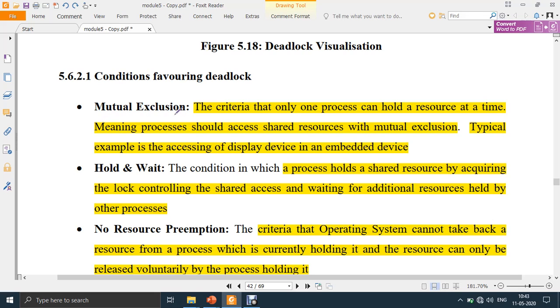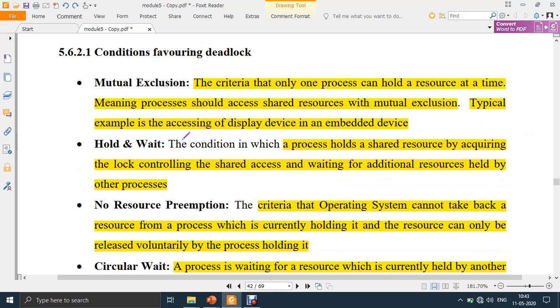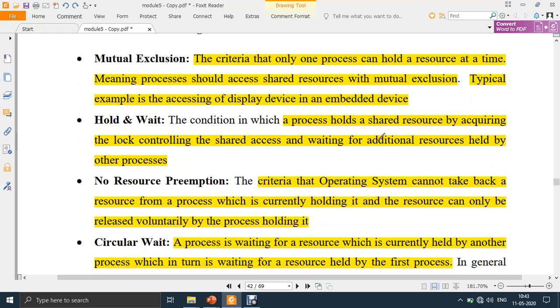Whenever there is a shared resource, only one process or task is given access to it, and the other tasks or processes should wait. They should not be given simultaneous access. That is mutual exclusion. If mutual exclusion is not followed, it will lead to deadlock. So a process should access a shared resource with mutual exclusion. A typical example is accessing a display device in an embedded system.